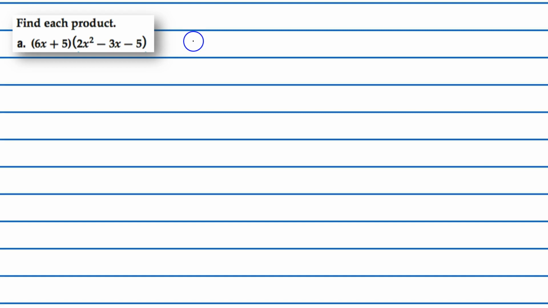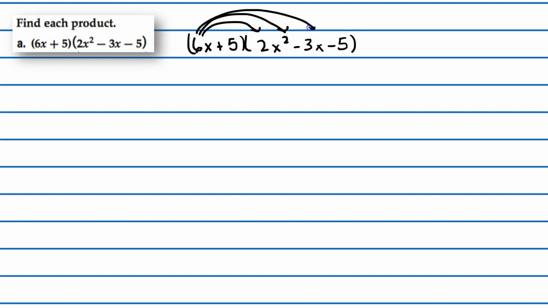Alright, and notice here how we have a binomial and we have a trinomial, so we can't do the FOIL method on this one. But we'll do something like that to make sure that we multiply everything that we need to. This 6x gets distributed to each of the trinomial terms, as well as a 5 gets multiplied to each of the trinomial terms.